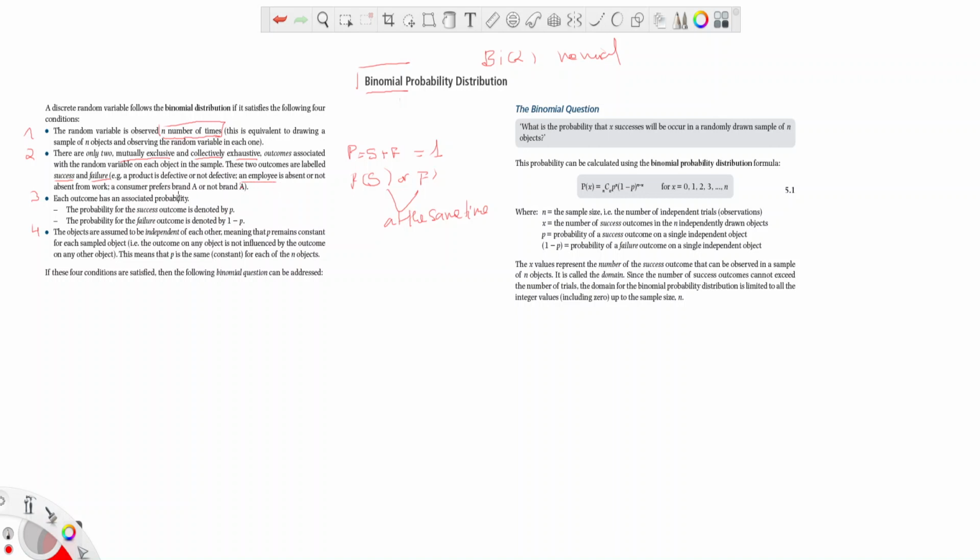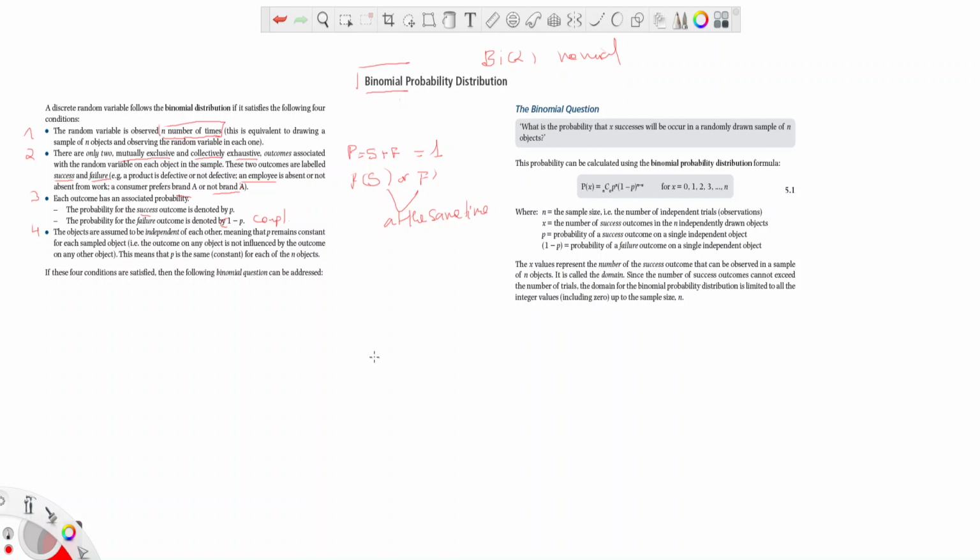A consumer would prefer brand A or not brand A. So you see the difference here when you say brand A or not brand A. I didn't say brand A or not brand B, and that is very important because each outcome would have an associated probability. So the success will have a probability assigned to it, and the probability of failure is just going to be 1 minus P, which is our complementary rule that was covered in the previous chapter as well.